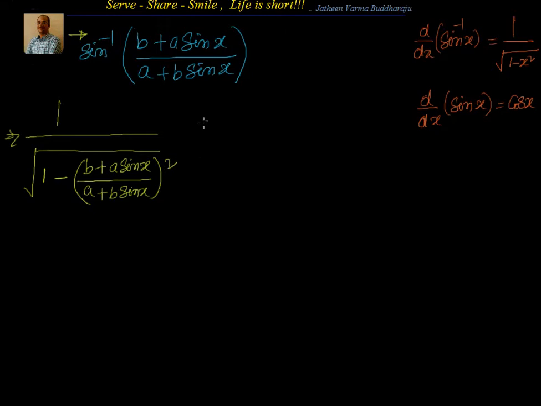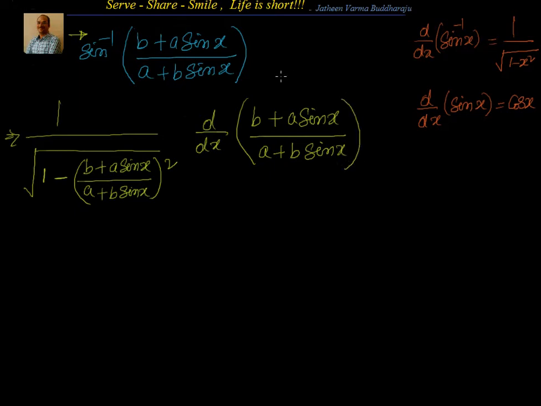After that, I have to differentiate (b plus a sin x) divided by (a plus b sin x), because I have done sin inverse of x, but that x itself is a function, so I should find the derivative of that. We are applying the chain rule now.